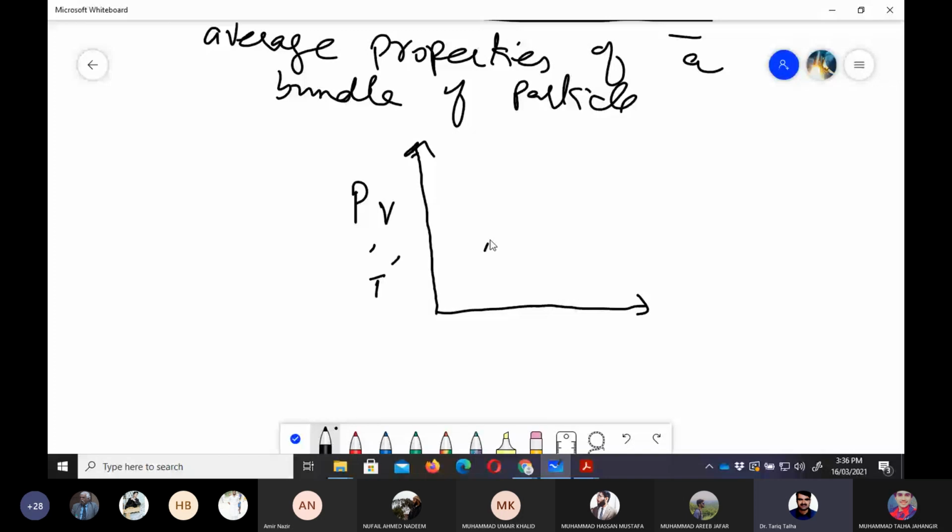If we talk about the molecular level, then it would be very chaotic like this.